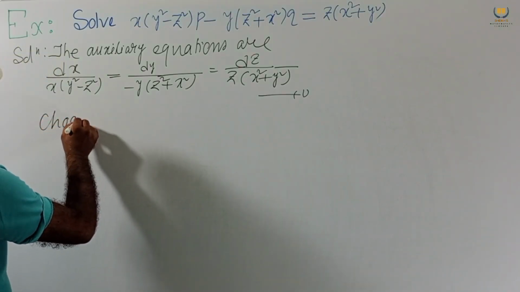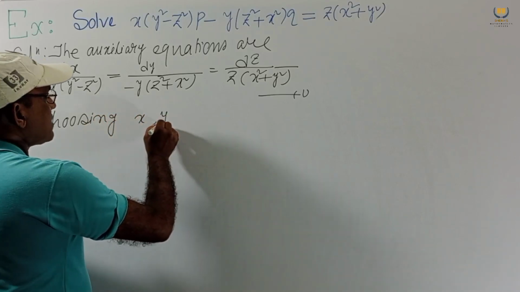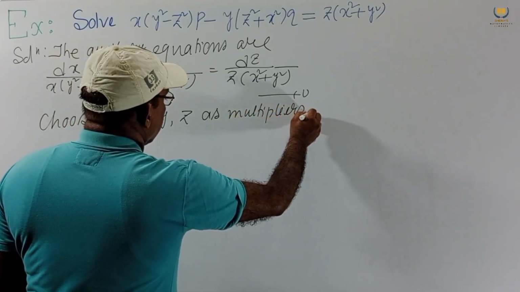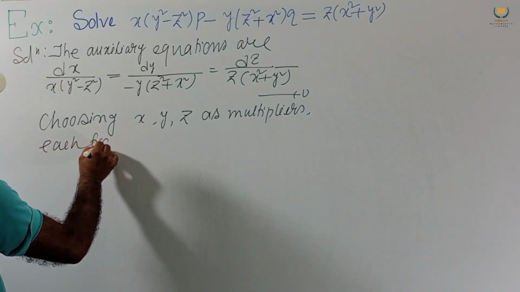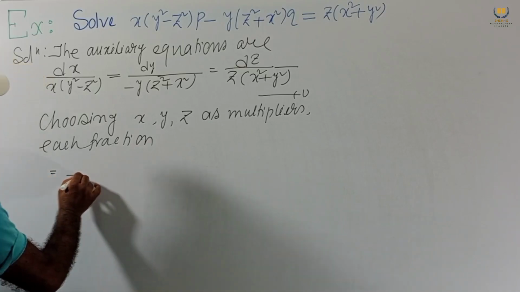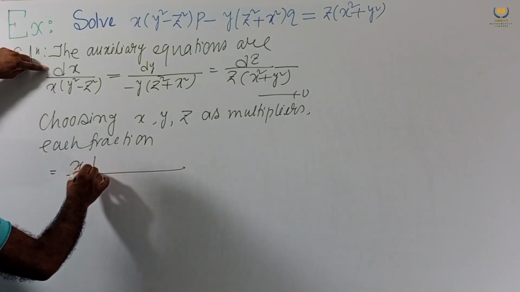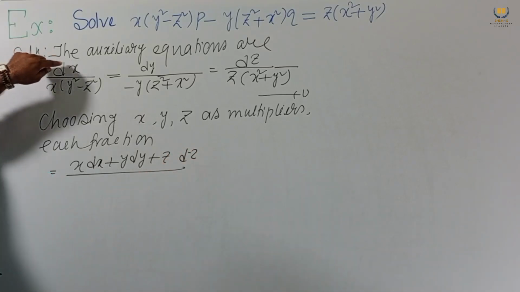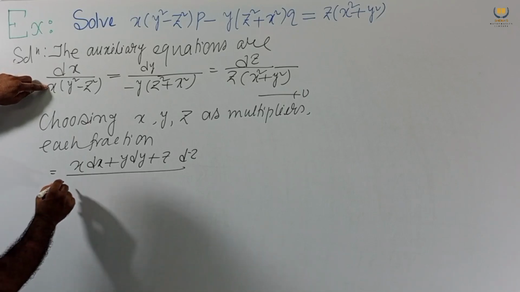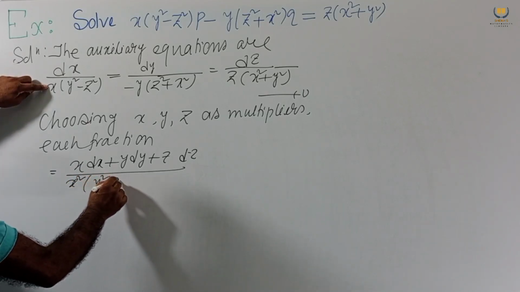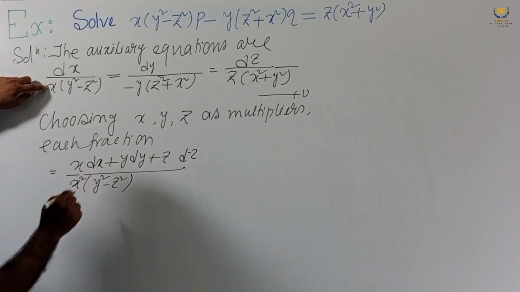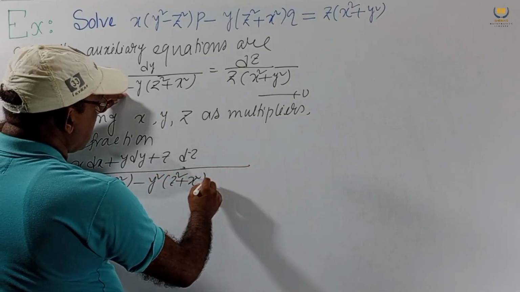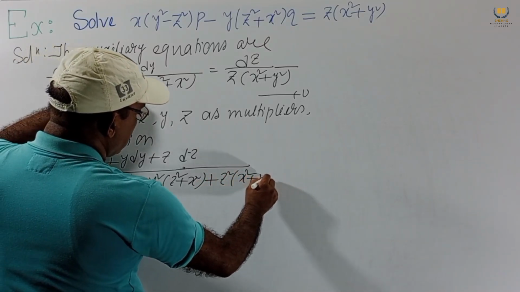Choosing x, y, z as multipliers, each fraction is equal to, we multiply the first by x, the second by y, the third by z, so here also multiplying by x square (y square minus z square), and multiplying by y square (z square plus x square), plus z square (x square plus y square).